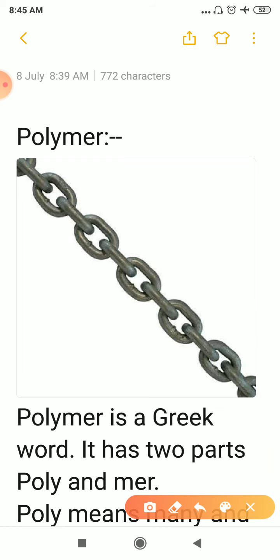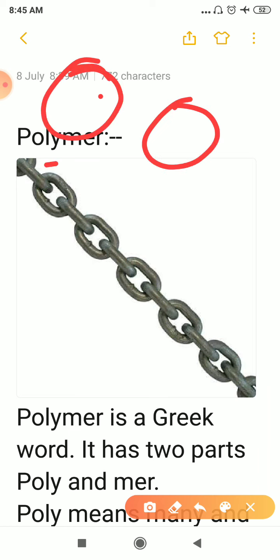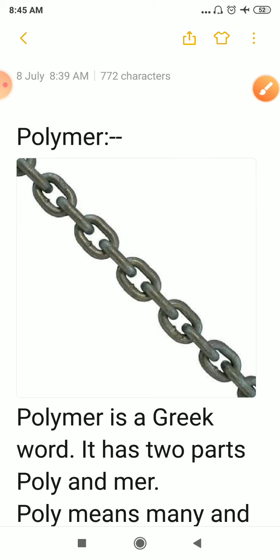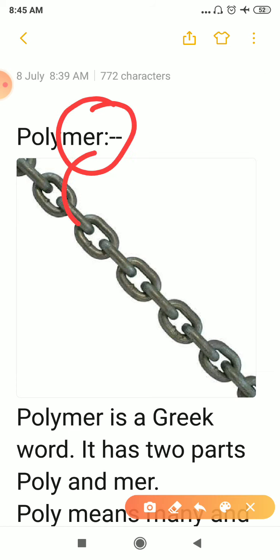I will show you. If you want to prepare a chain like this, it is in a rectangular shape, but it can be of any shape. Just imagine a circular shape. A lot of small pieces are prepared, and after that these pieces are joined together like this.